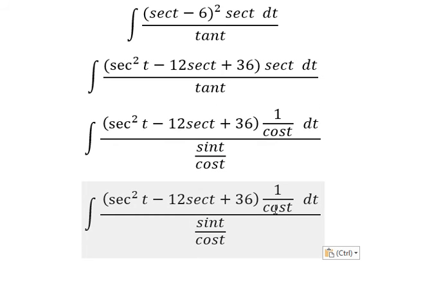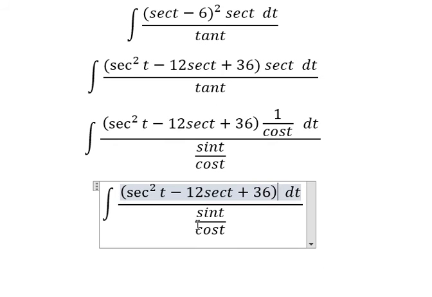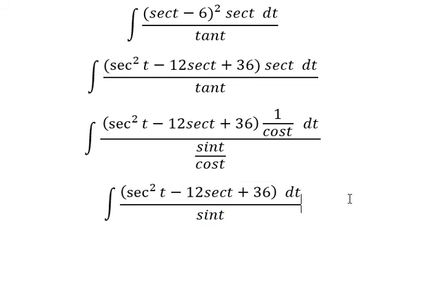So we simplify cosine t. Now we have this one divided by sine t, this one divided by sine t, and this one divided by sine t. And now we will get a new expression.